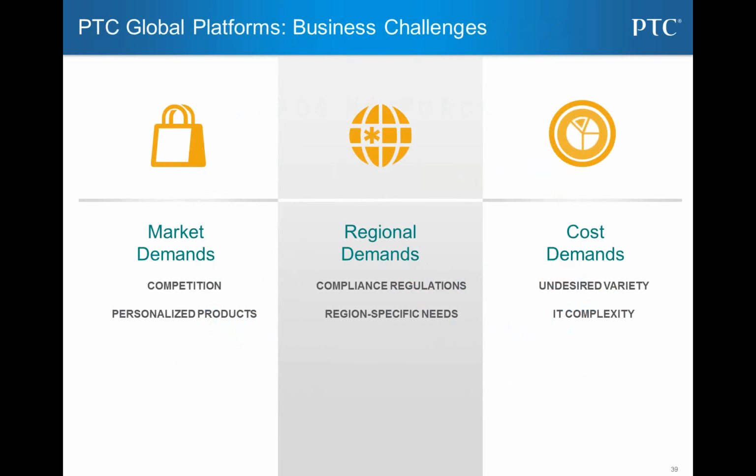So this just summarized some of the key challenges that we see coming, that many of you have told us about. This increasing demand for personalization among your customers, compliance issues that are regional, and yet the cost challenges associated with supporting a lot of variety and the complexity of just managing that.